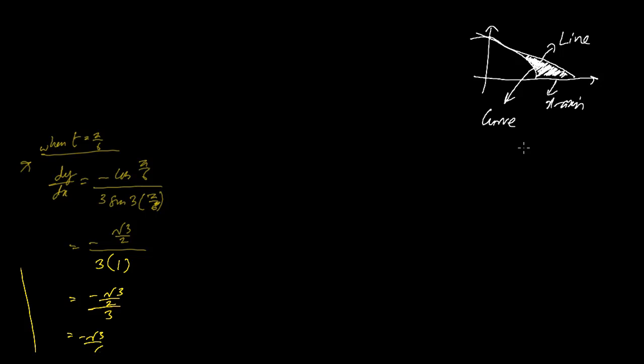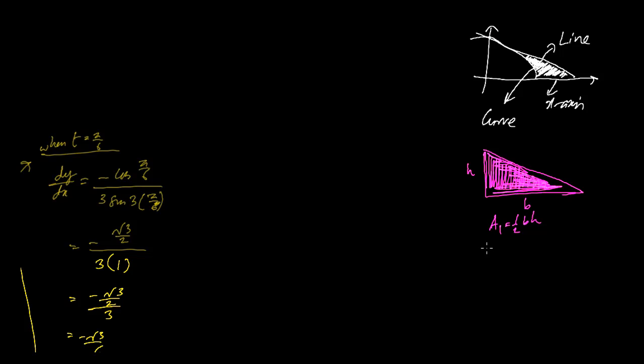For this, we have to find the area under this line, which would be this triangle. If we find the area of this triangle, we don't have to do integration, we can use geometry. If we know the base and the height, the area is half into base into height. Let me call this area 1.